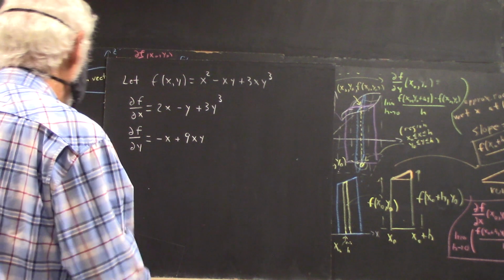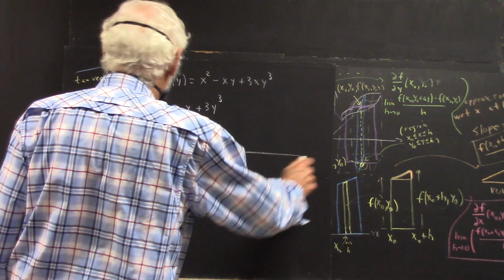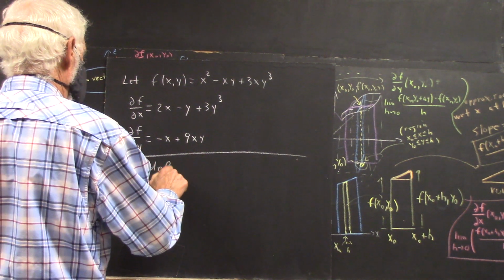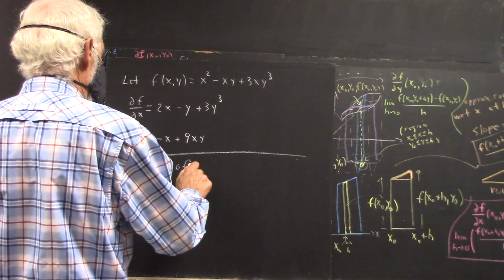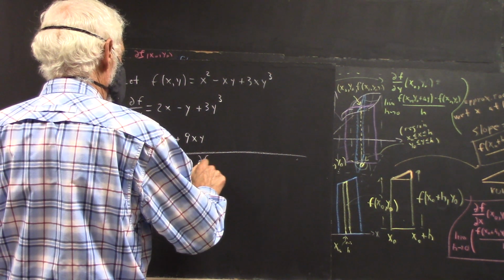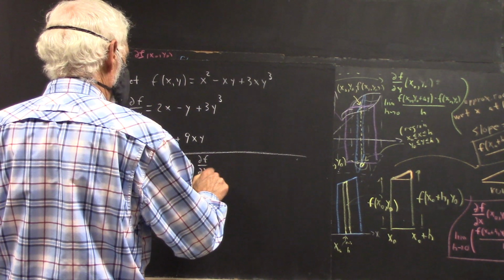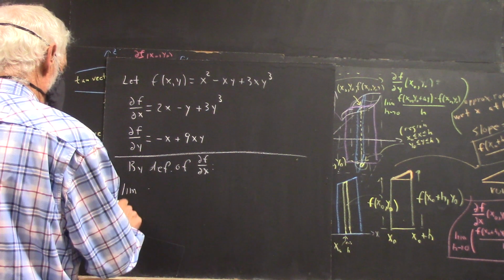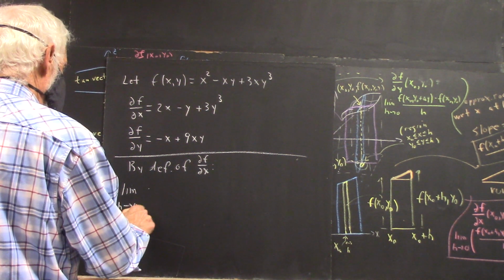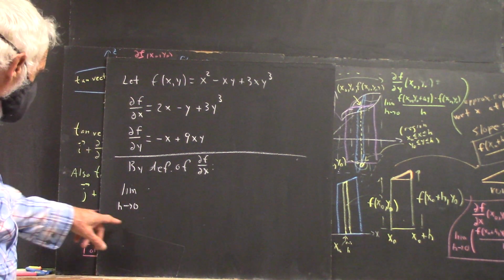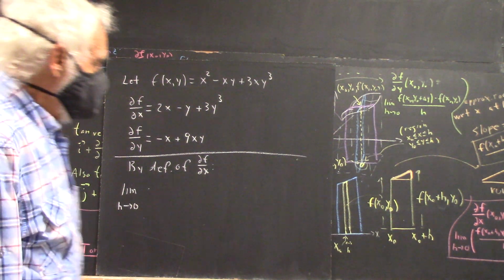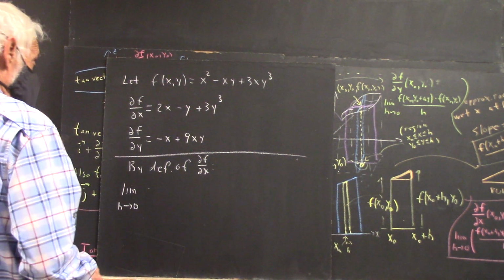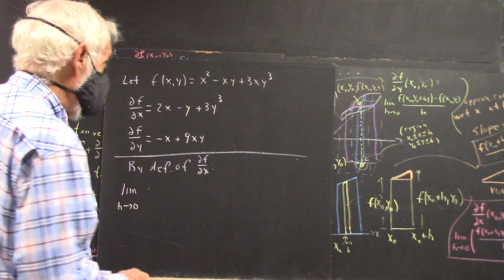Okay, well, let's do it by the limit definition. It's going to be the limit as h goes to 0, and sometimes I'll write delta x goes to 0, because h is just a change in your value of x, and it can be written either way.